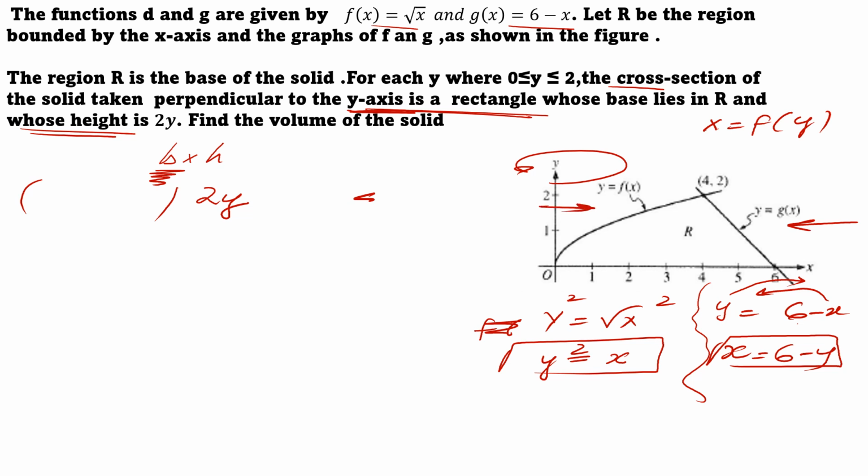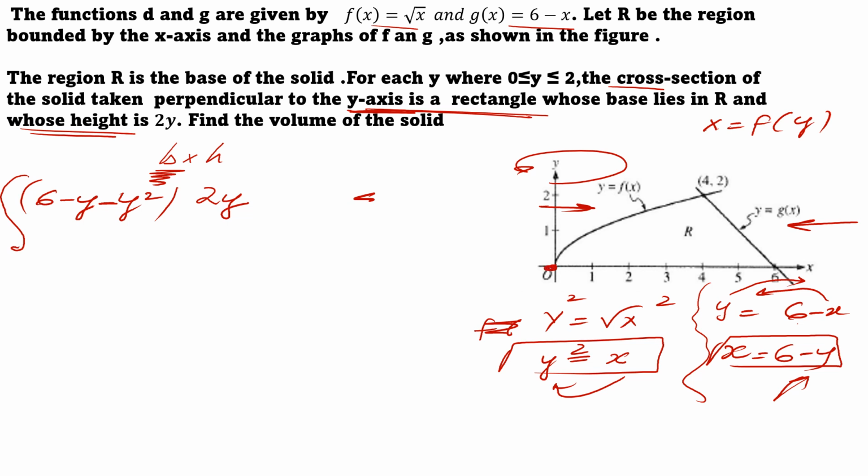Our right is the line, it means it is 6 minus y, minus the other graph, that is x equals y square. So minus y square. Integral sign, now what are the limits?